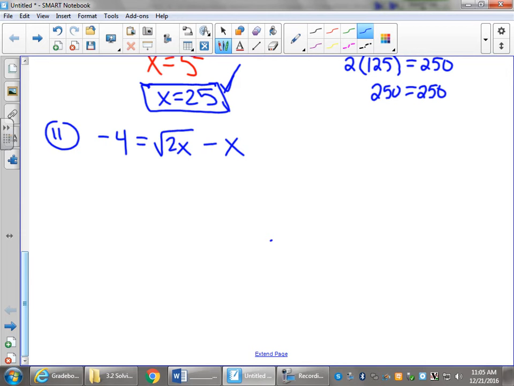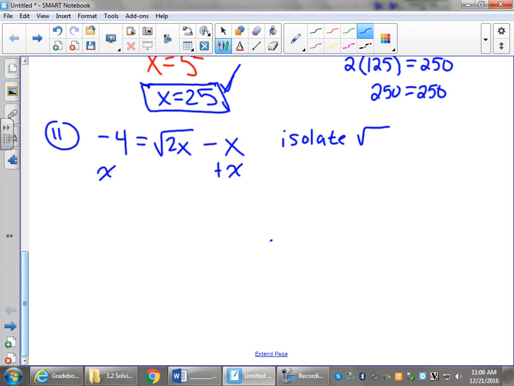Those x's at this point in time cannot be combined. So when you have a problem like this, your goal is to still isolate the radical first, just like you would have if this wasn't an x on the outside. So your goal is to move everything away from that radical, including variables. So we're going to add that x to the other side.